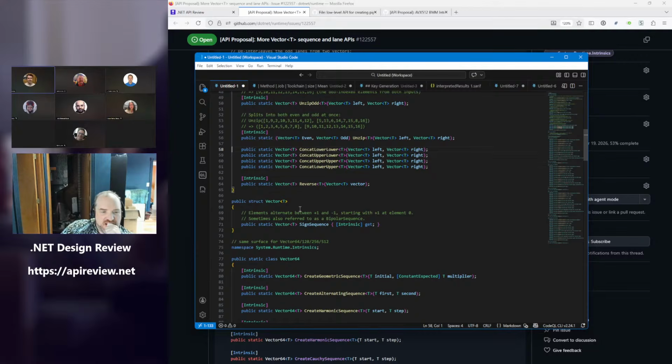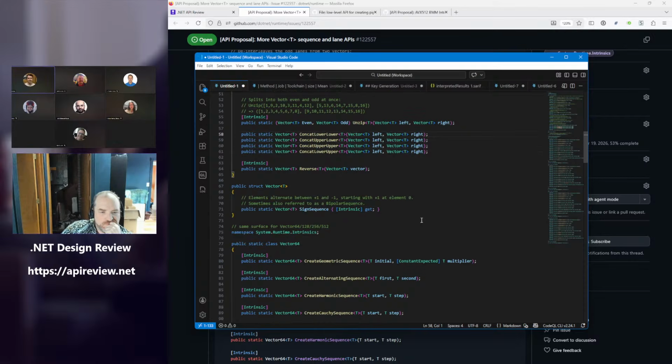The last one in this group is reverse, which works just like array reverse. If you have 0, 1, 2, 3, it becomes 3, 2, 1, 0. So it just reverses the sequence. And then as an actual property, we have sign sequence, which is, like I described earlier, one of the most common cases for alternating sequence.